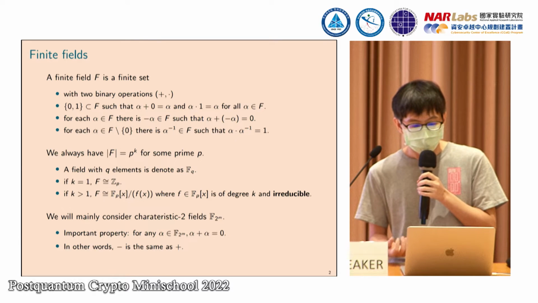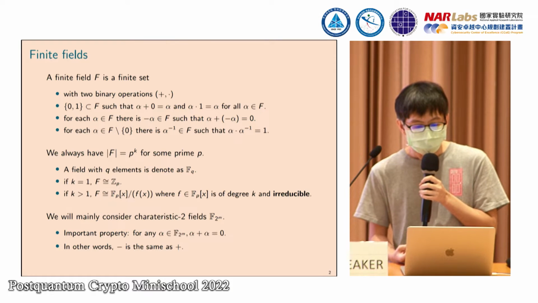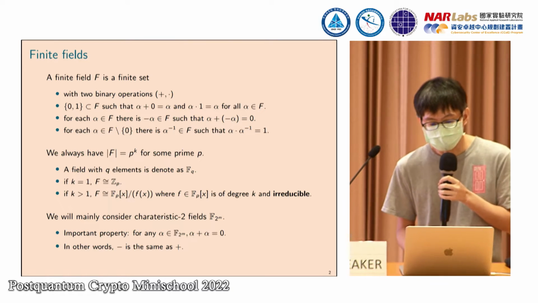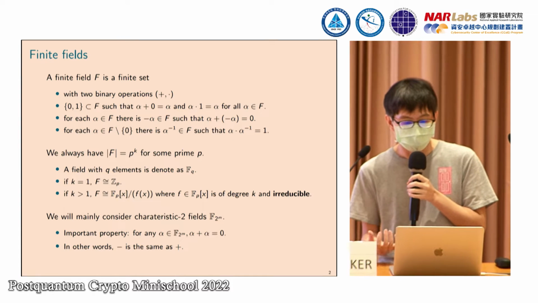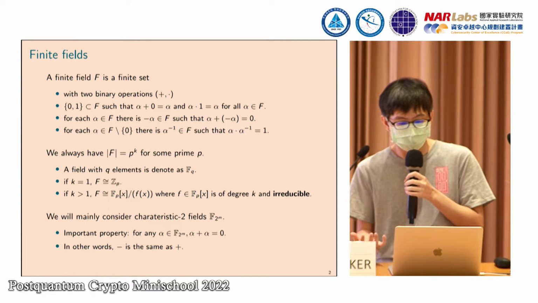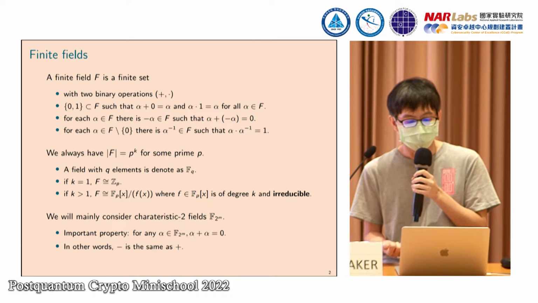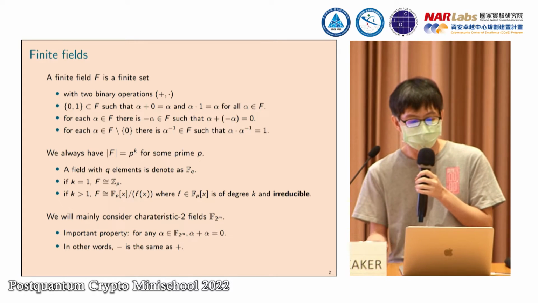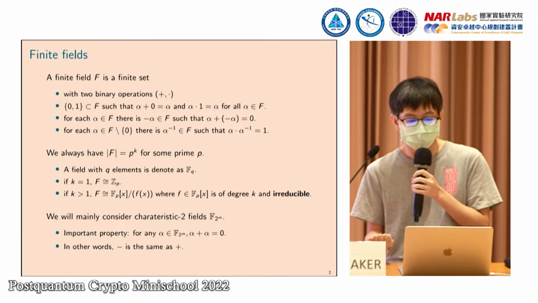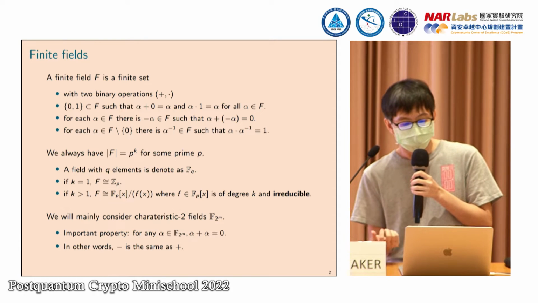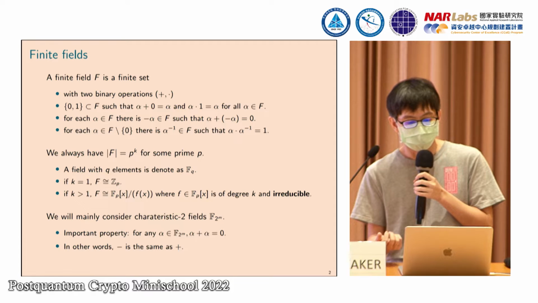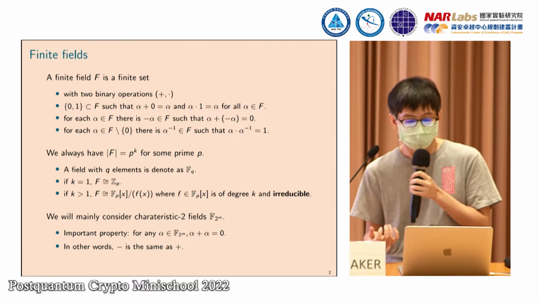There are going to be two elements, 0 and 1, in the finite field. 0 is the additive identity. This means that for whatever alpha in this field, you can add it with 0, and you will get the original element. For whatever alpha in the field, you can also multiply with 1, and you will get alpha.